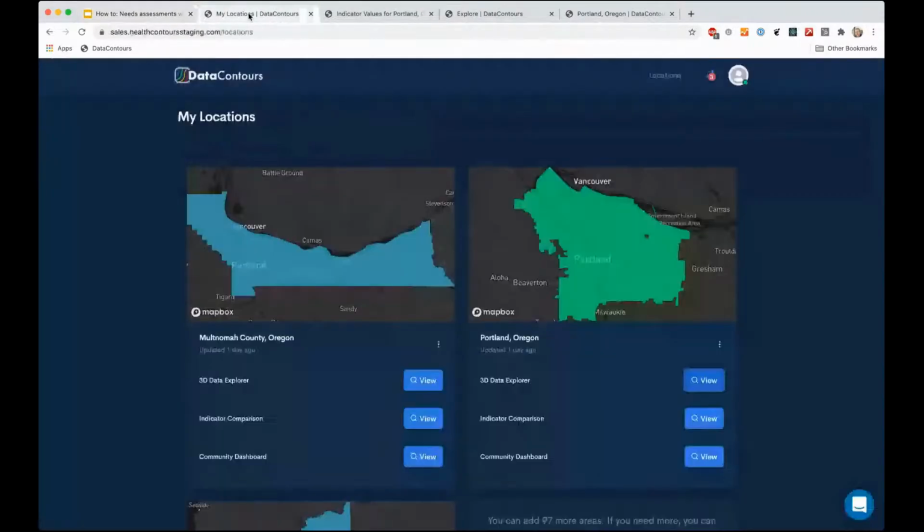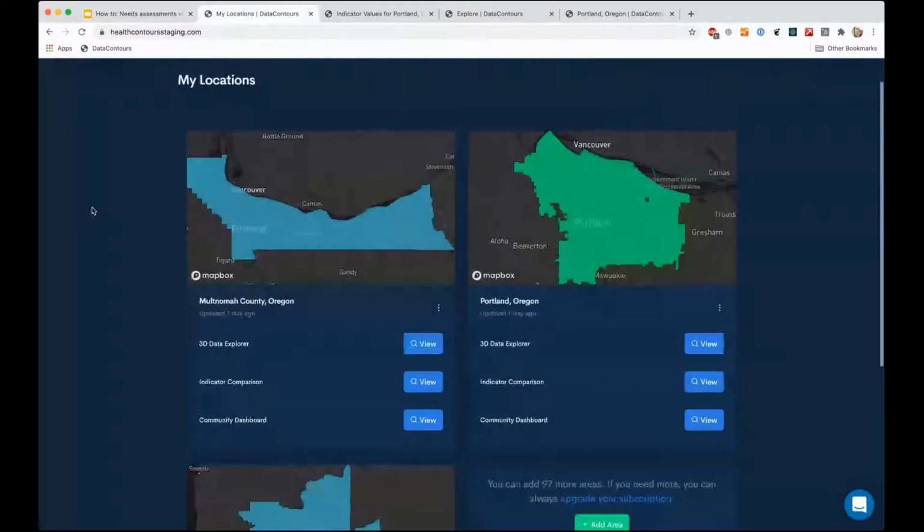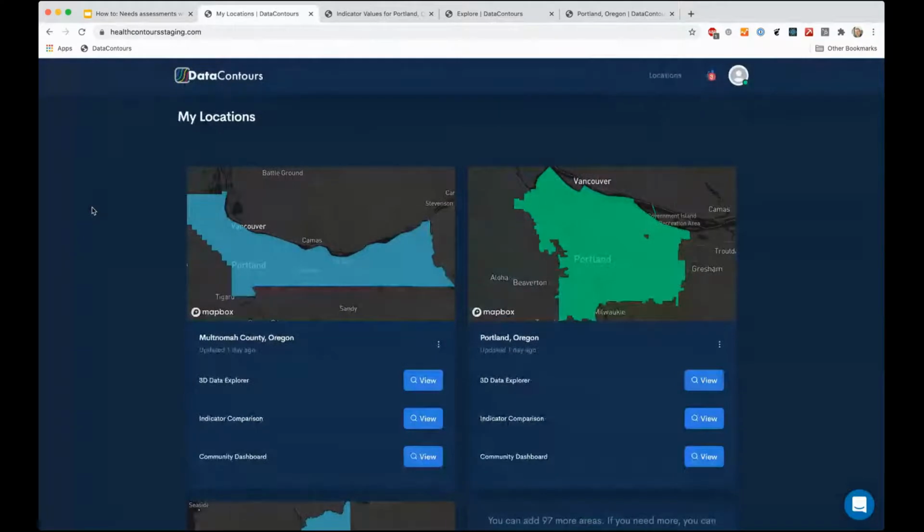Okay, so when you log into DataContours, or if you've signed up, you will have picked an area or a location, and this is the place that you want to look at. Typically when you're doing a needs assessment, one of the things that can be really helpful as you're getting started is choosing a couple of other areas or locations that are similar that you want to provide comparisons to.